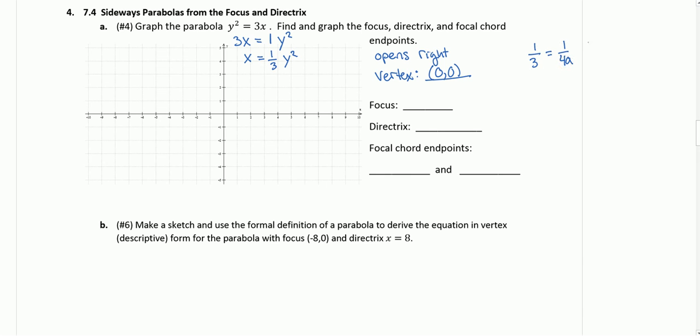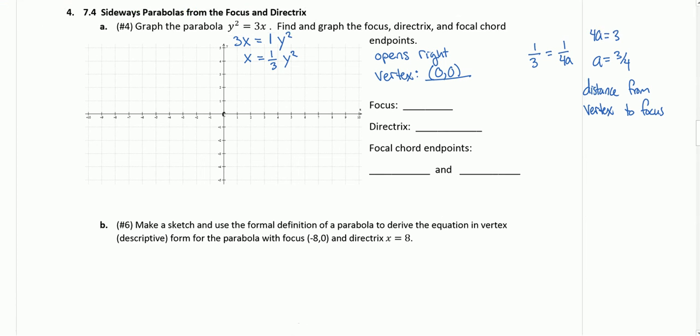Because both numerators are 1, we can say that 4a is equal to 3, giving us a is 3 over 4. So a, that 3 over 4, that's the distance from vertex to focus. Okay, so we have some information to start our graphing.